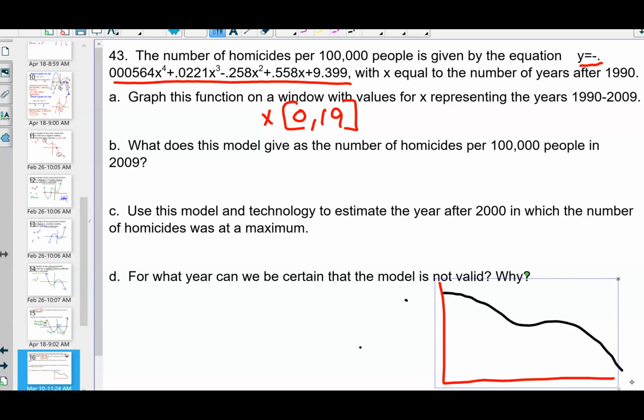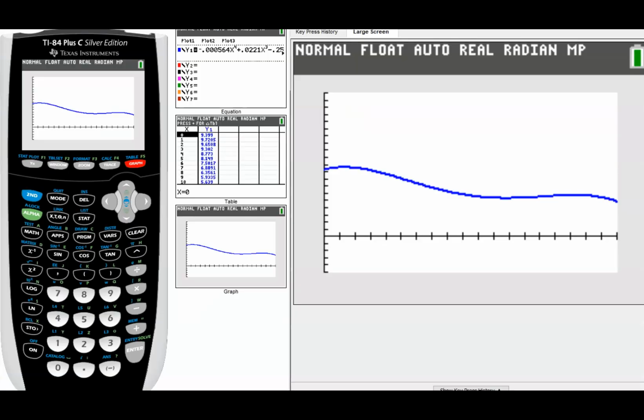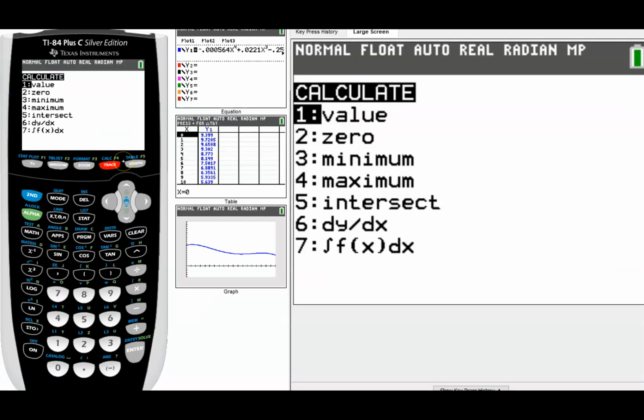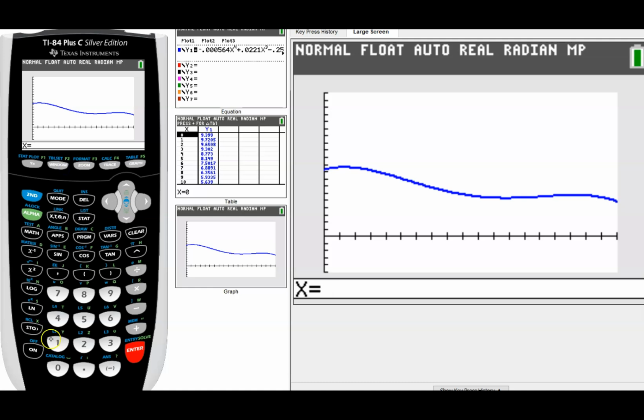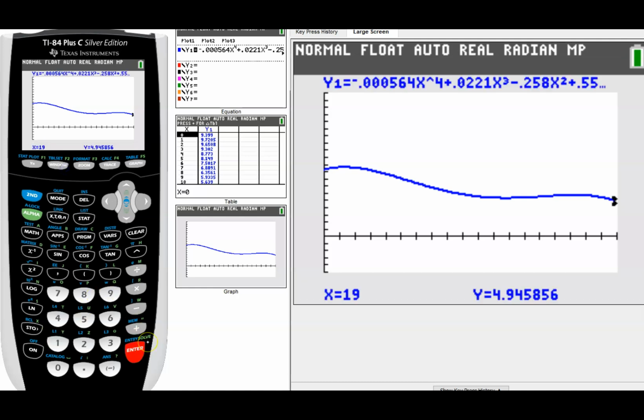It's going to look something like that. So what does this model give as a number of homicides per 100,000 in 2009? And 2009 is when x equals 19. So I could go back to my graph and calculate a value where x is 19, and that's going to be 4.945856.